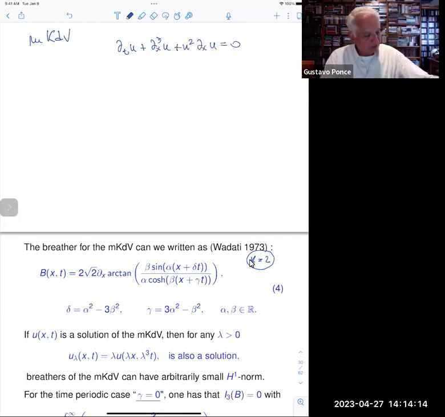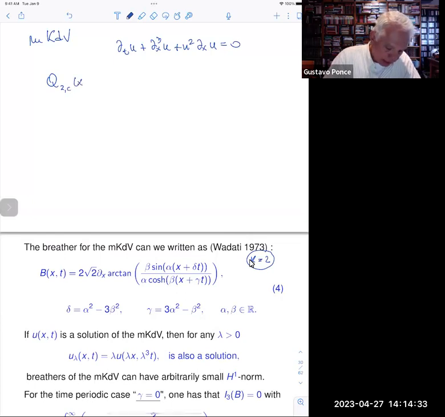The solution, in this case, the traveling wave solution, is this one, with a speed c. It is k minus 2, then it's some numbers, let's see.